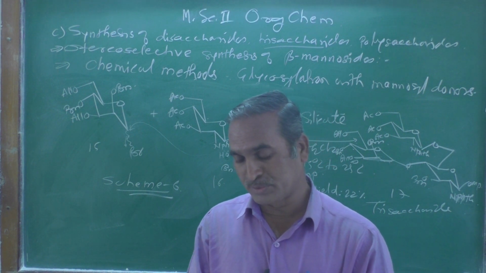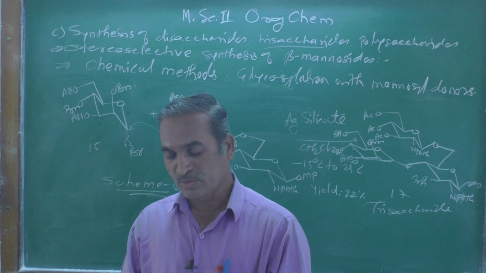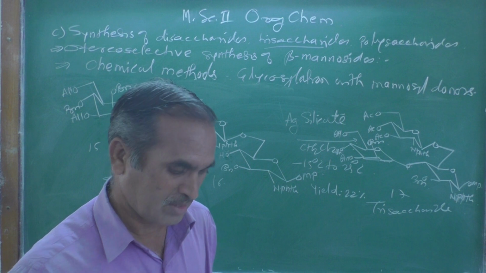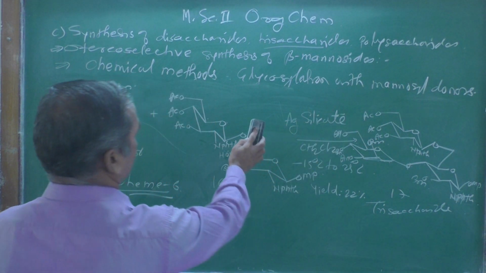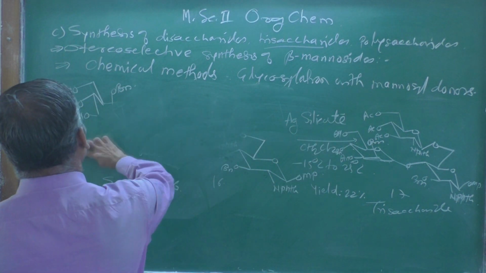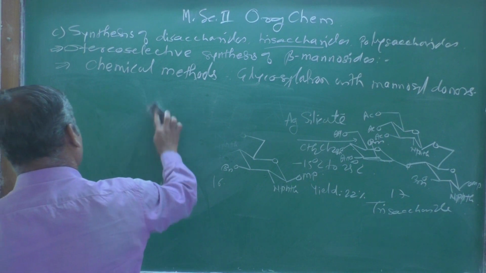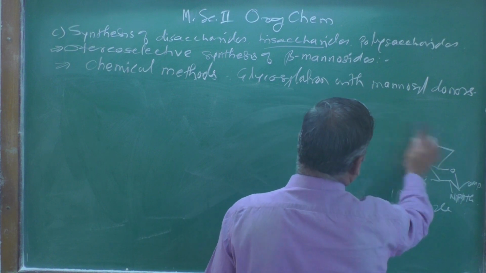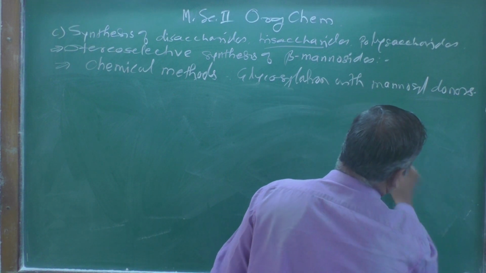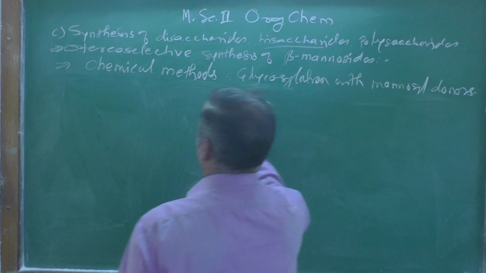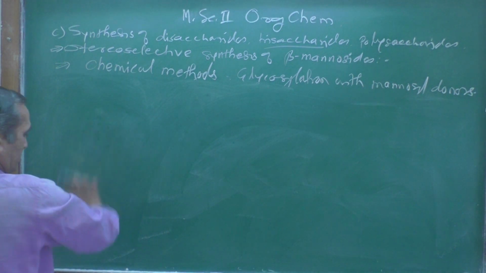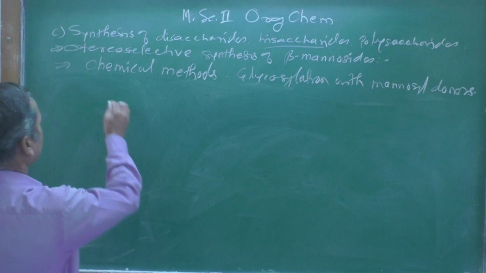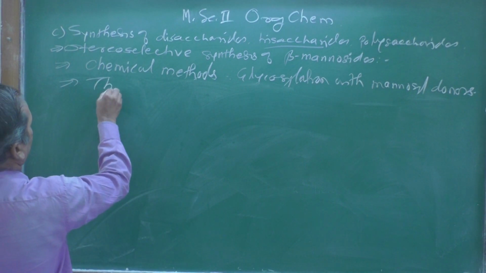Now we are going to discuss the sulfonate approach. The same synthesis we are discussing here, but the approach is different in this particular case. The approach is the sulfonate approach.